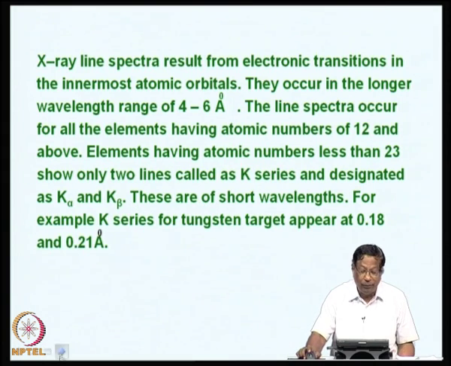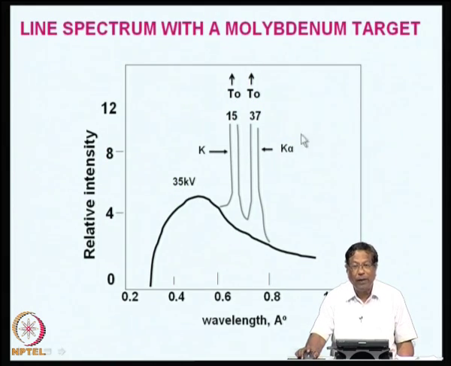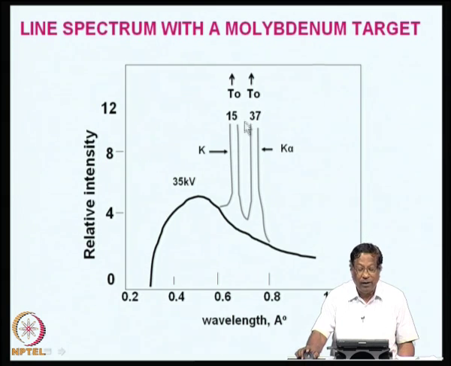For example, the K series for tungsten appears at 0.18 and 0.21 angstroms. This is the figure we showed you in the last class, that there are two lines in this range which are line spectra superimposed on the continuum spectra like this.